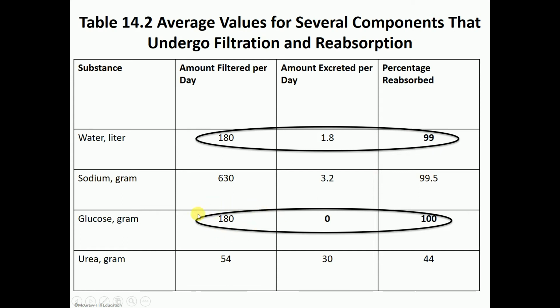Again, if you take a look at glucose, 180 grams of glucose are filtered every single day. Again, no glucose appears in urine, under normal circumstances. That means that 100% of glucose needs to be reabsorbed.